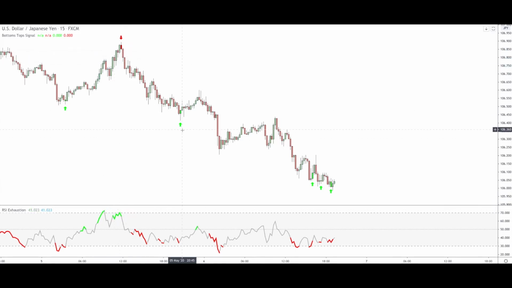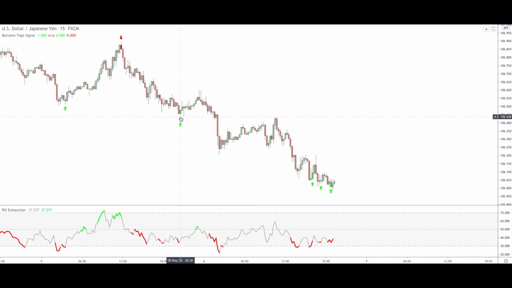The next one was instead another bottom. However, it was not actually a bottom. You should have ignored this signal because the price is trending down. There is pretty much no divergence with the RSI, so there is no technical evidence that the price will stop here and start to bounce back.